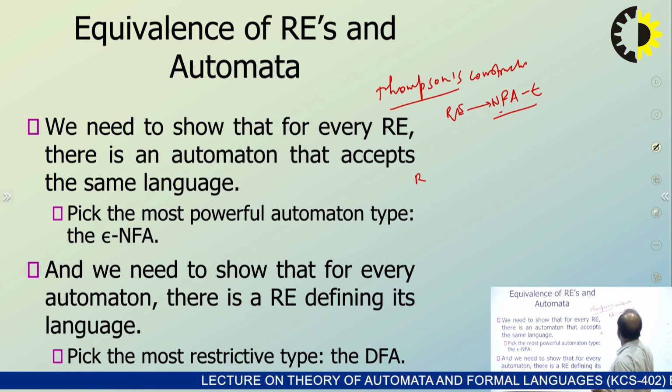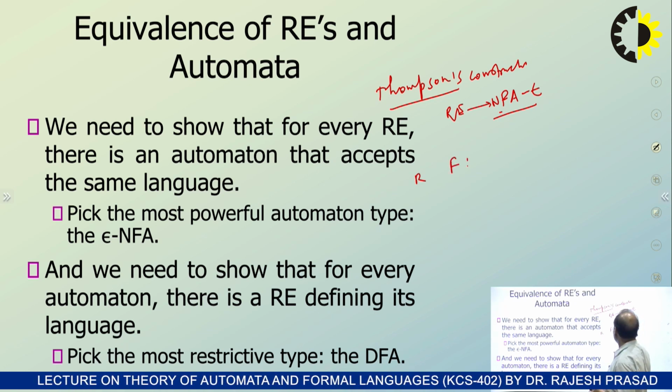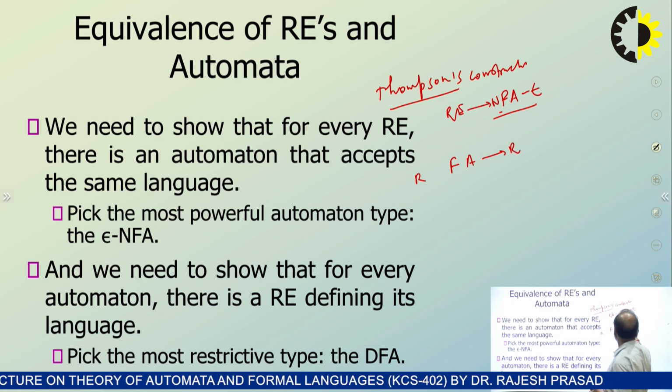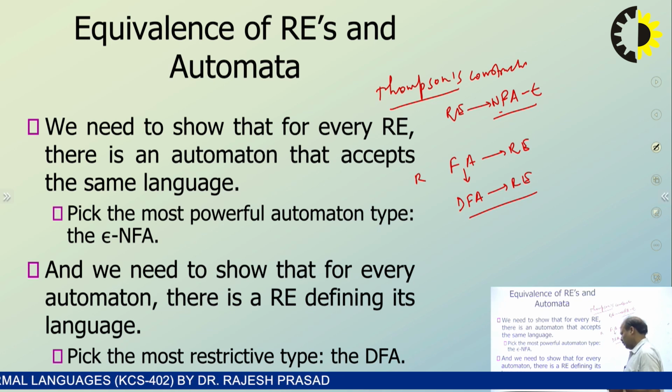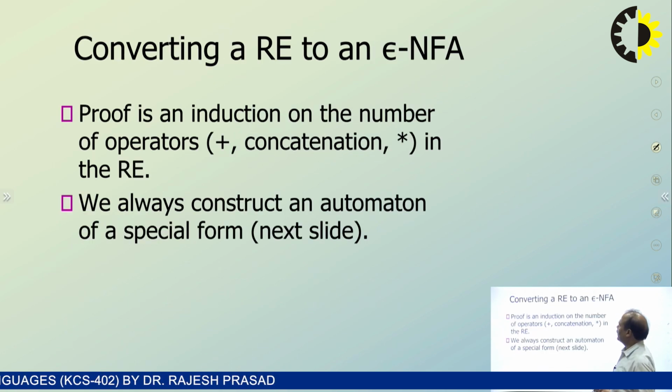And if you are converting finite automata to regular expression, generally the most restrictive type we choose is the DFA. So DFA to regular expression is the reverse order. This is the most restrictive type of finite automata.